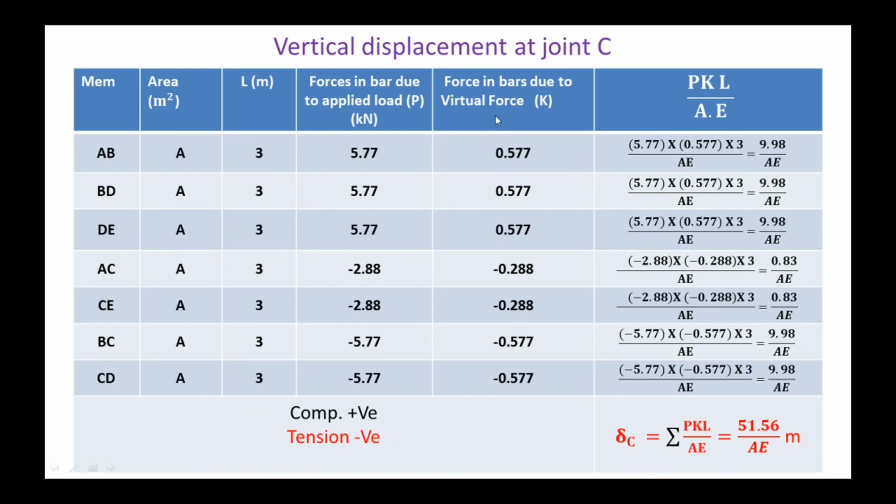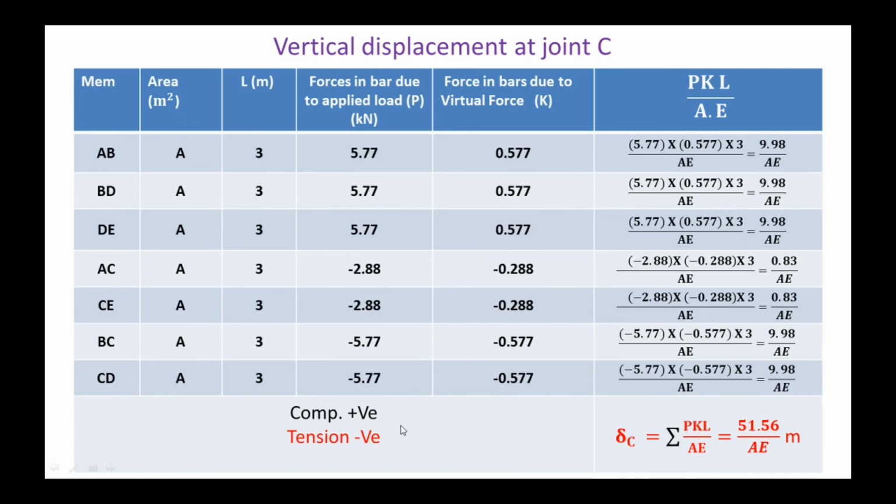And the next column is the K forces. These are due to the unit virtual load. So forces in the member due to the unit virtual load. These in the column are 0.577, 0.577, 0.577. Then again minus 0.288, again minus 0.288, again minus 0.577 and minus 0.577.